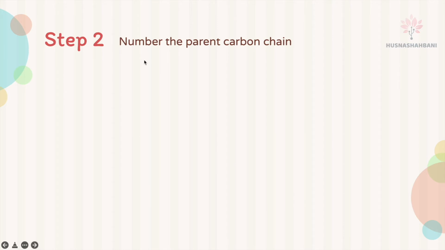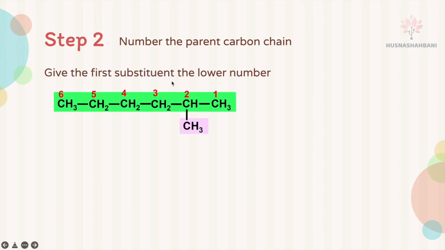Step number 2, number the parent carbon. After you choose the longest carbon chain, you have to number that parent carbon chain by giving the first substituent the lower number. Now our longest carbon chain is 1, 2, 3, 4, 5, 6. 6 carbon in total.